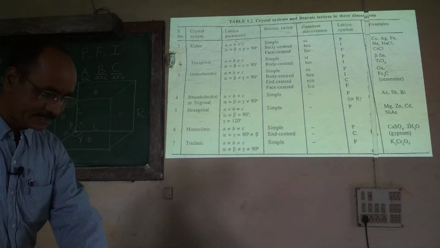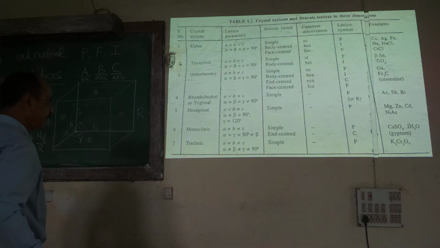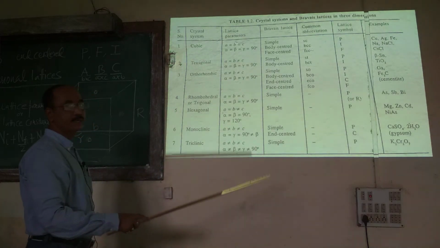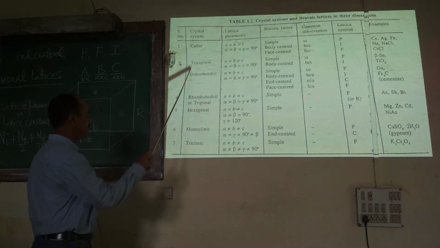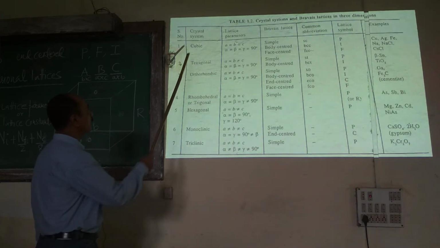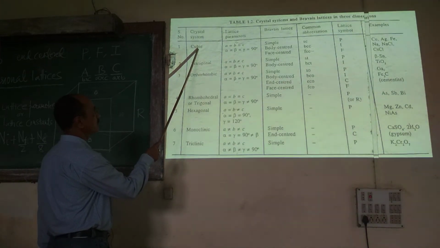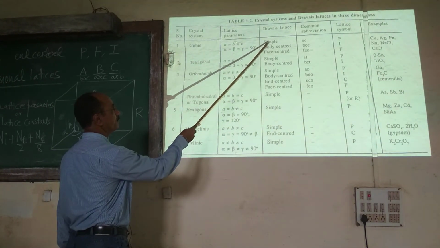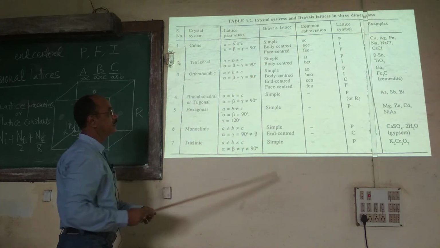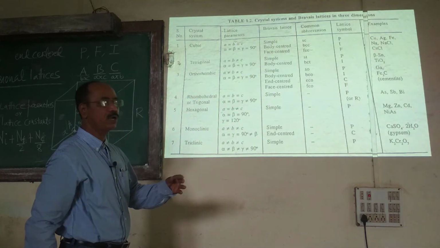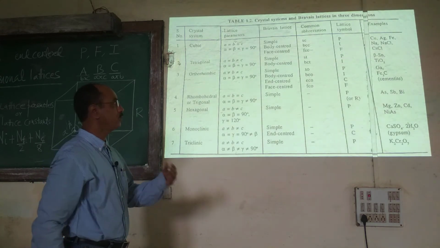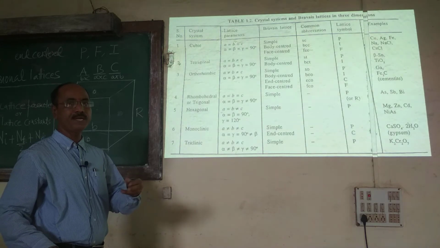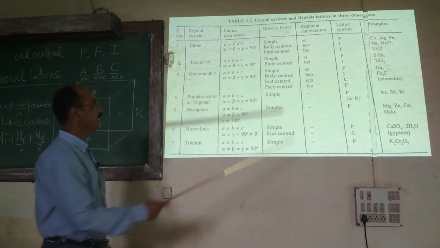These three-dimensional lattices are summarized in a tabulated form here. Isn't it? These are the seven crystal systems. Cubic crystal system, lattice parameters are shown. Bravais lattices are simple cubic, body centered, face centered. There is a common abbreviation or short form, like VIP, very important person, IPS, Indian Police Service.